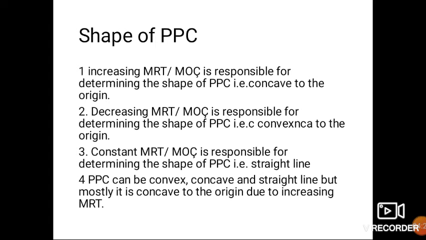Then delta y upon delta x, 1 upon 1, becomes 1. So MRT becomes 1. If we further assume that Khetilal is increasing the production of x to 2 units, then definitely he has to sacrifice more units of y, let it be 17.